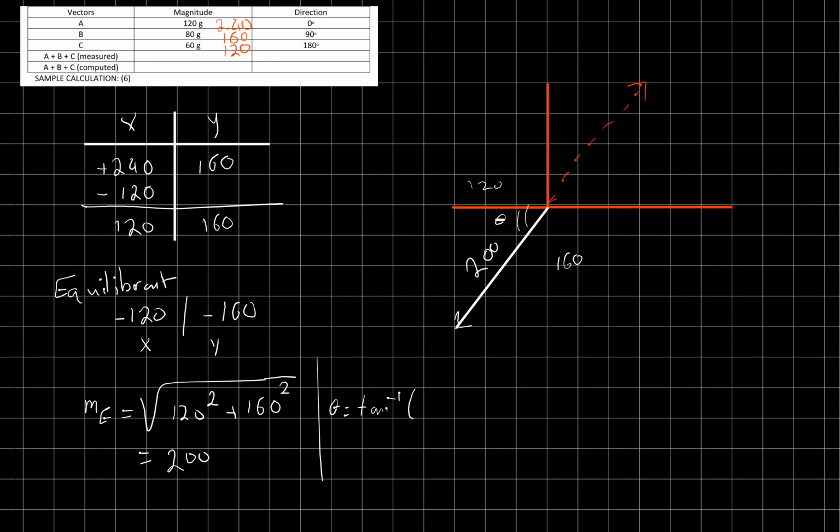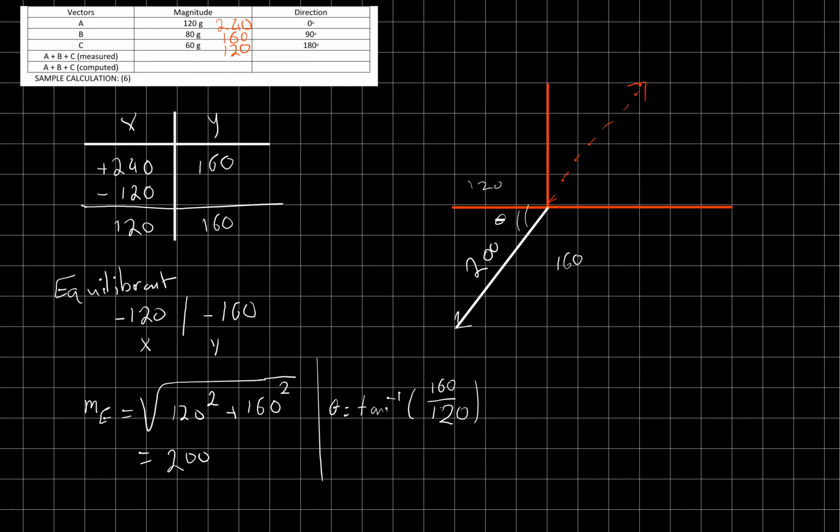The opposite of this angle is 160, the adjacent is 120. Okay, so tan inverse of that. Second function, tan inverse of 160 in brackets divided by 120. That would be 53 degrees.